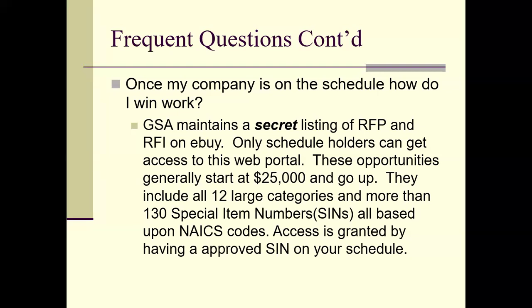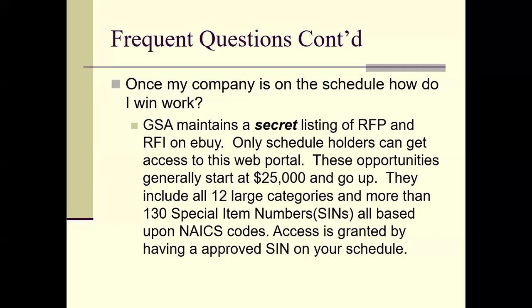So if you're looking at IT and you're saying, well, I want to get the IT professional services, which is 54151S, then you have to have NAICS codes in your SAM document that relate to that. And those NAICS codes would be 54151, 12, 13, 1, and 19.